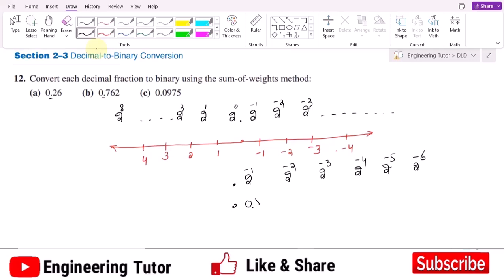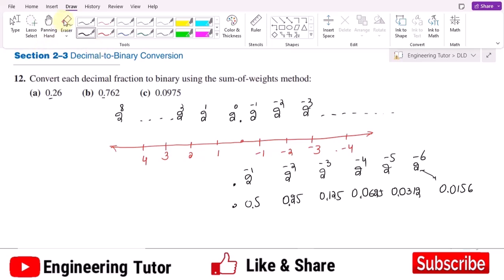This is 0.25. This is 0.125. This is 0.0625. This is now 0.0312, and this one is 0.0156.